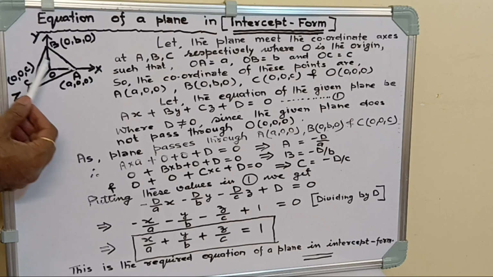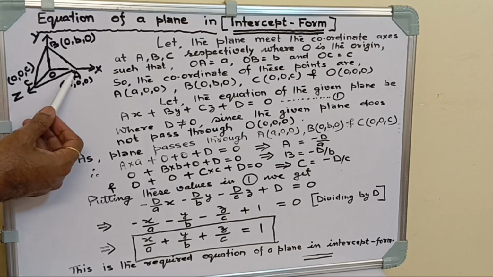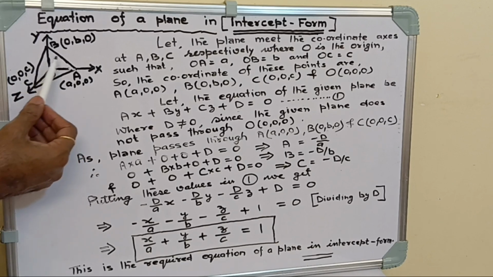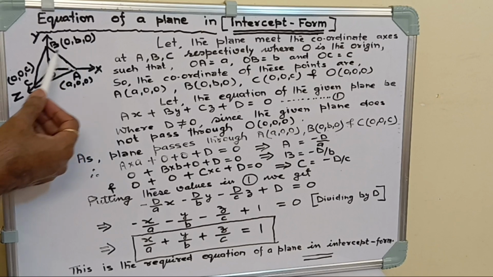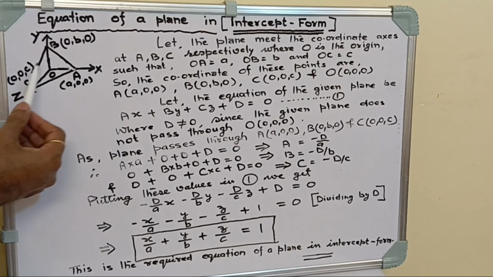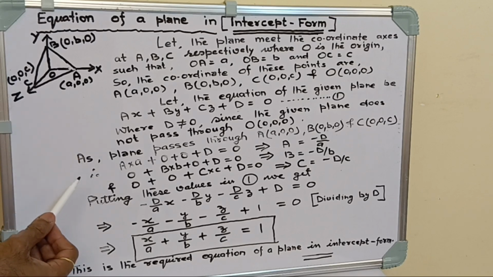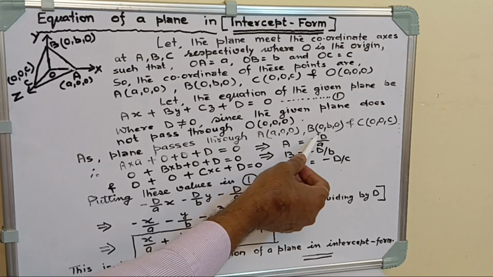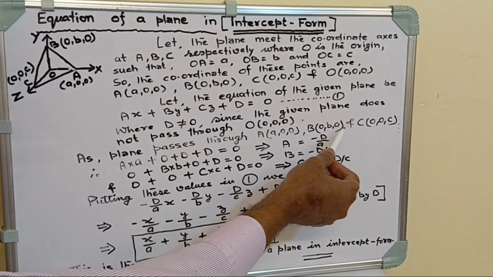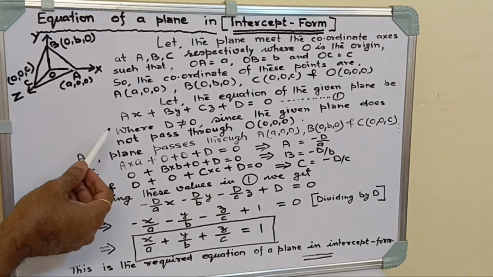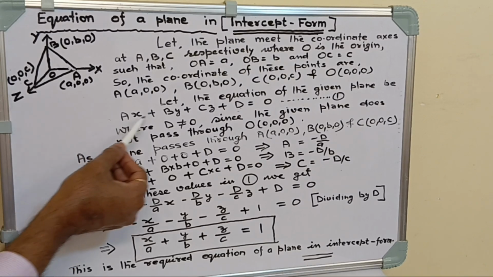As the plane passes through A, B, and C respectively, the coordinates of A (a, 0, 0), B (0, b, 0), and C (0, 0, c) satisfy the equation of the plane.